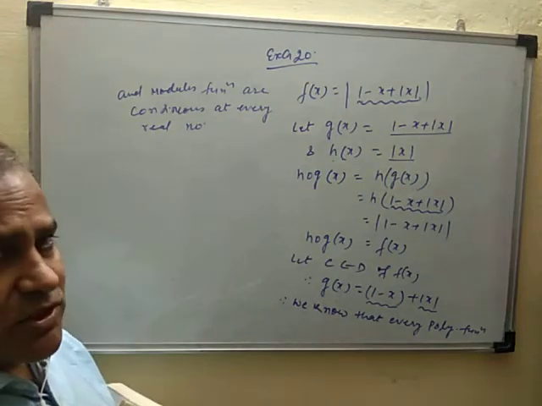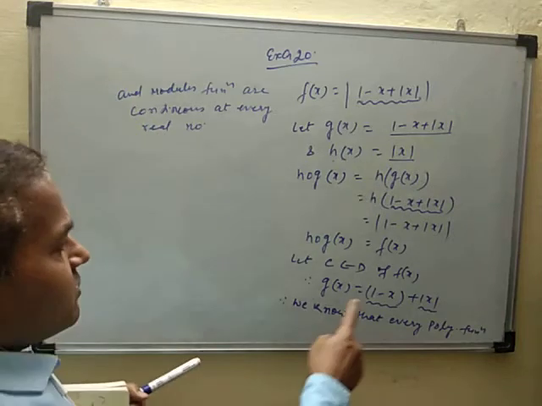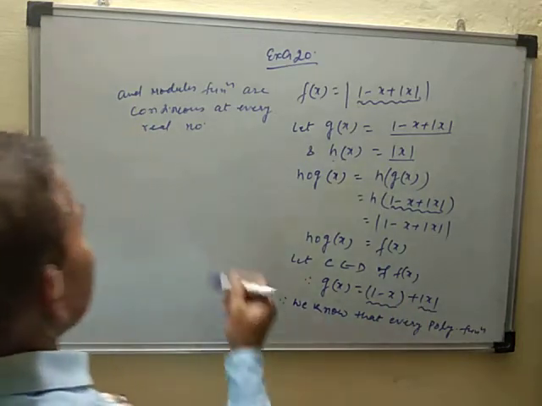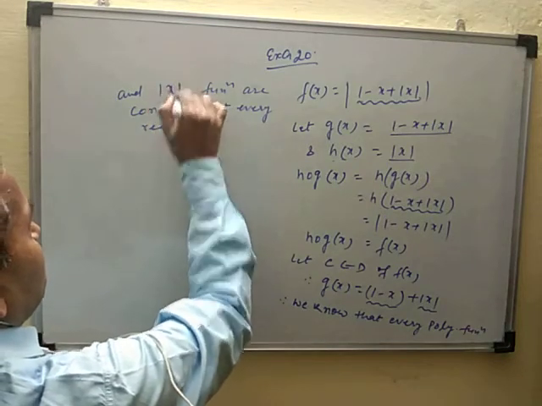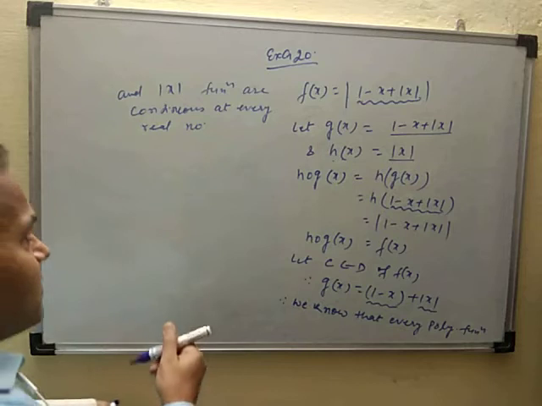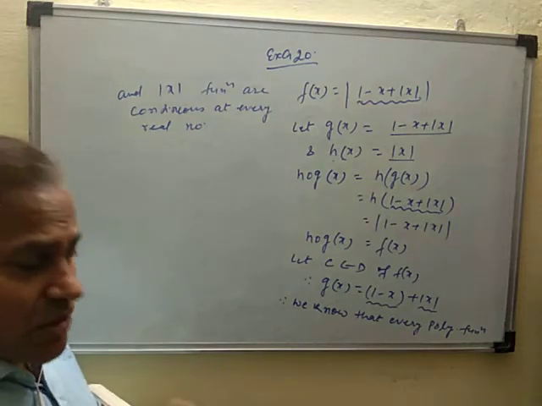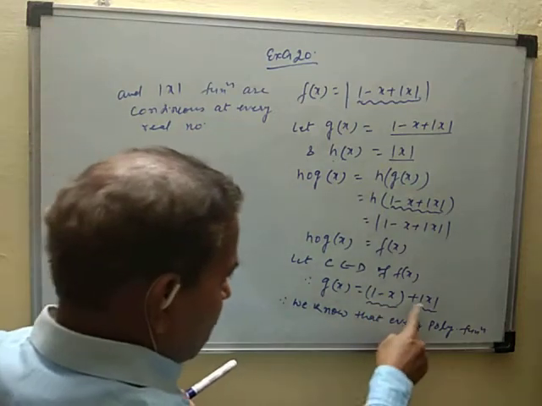That is, mod of x is continuous, and this can also be written: mod of x function is continuous at every real number. Therefore, its sum is also continuous.